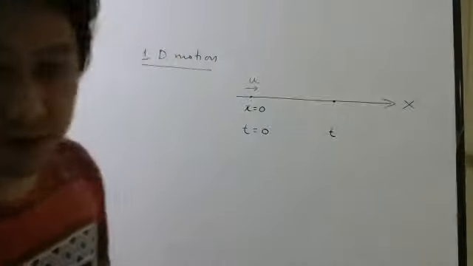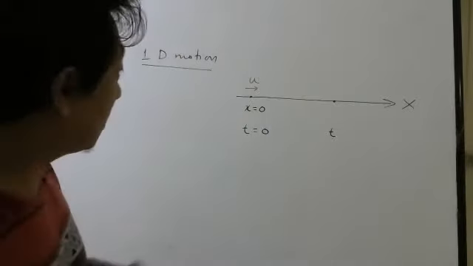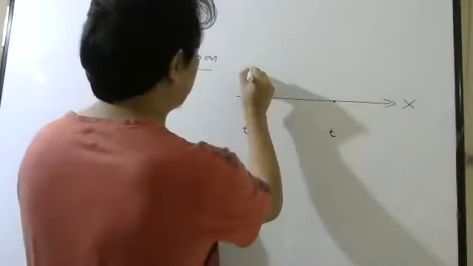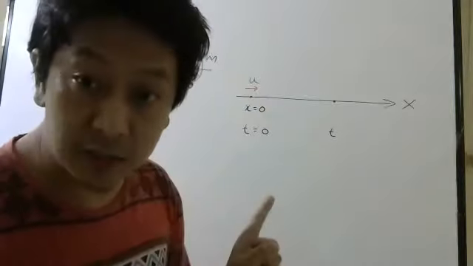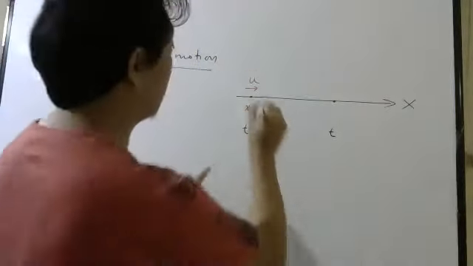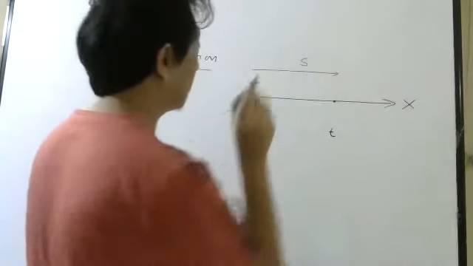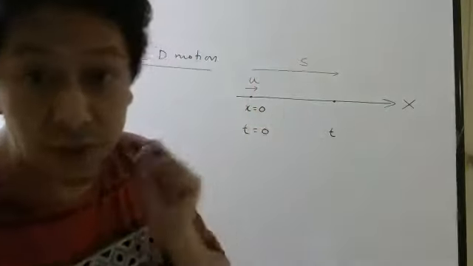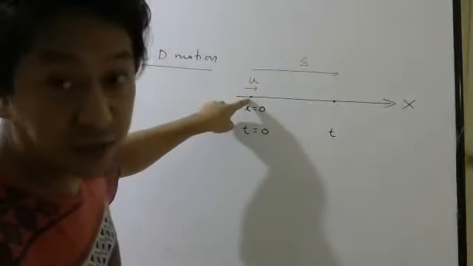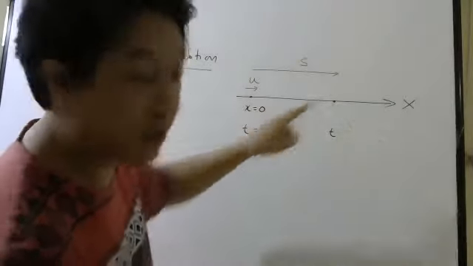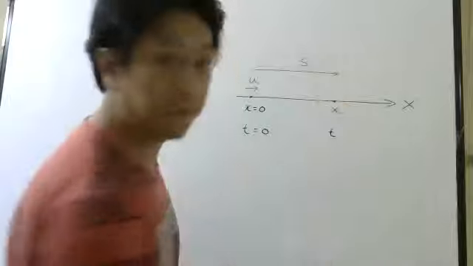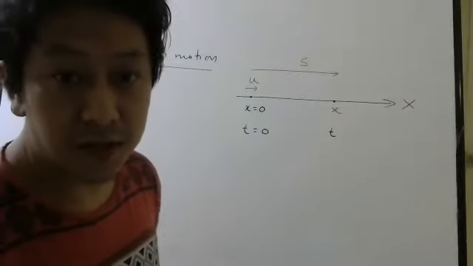time t. Then what will be the displacement vector? Displacement vector is always from initial position to final position. So this is your displacement vector, right? From here to here. Now look carefully. If it starts from origin, then you know this point is nothing but x coordinate. Yes or no, students?